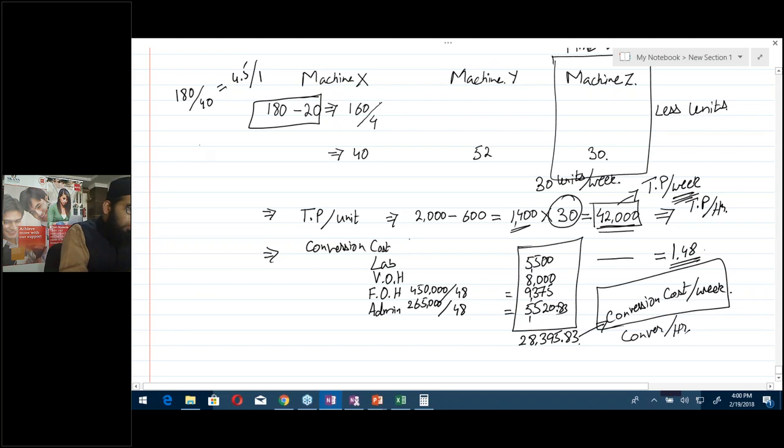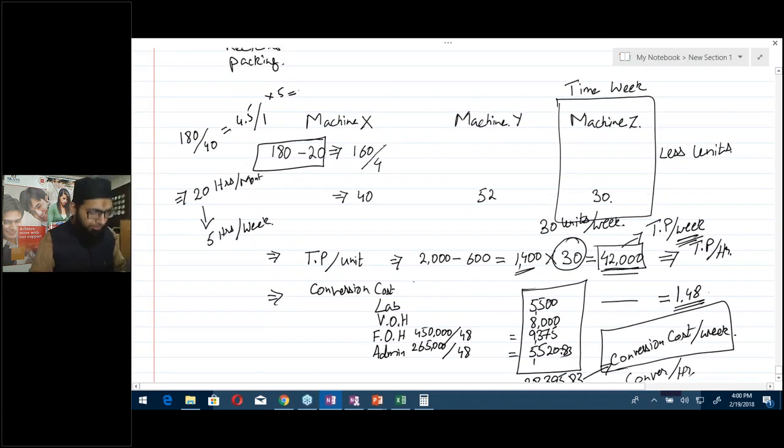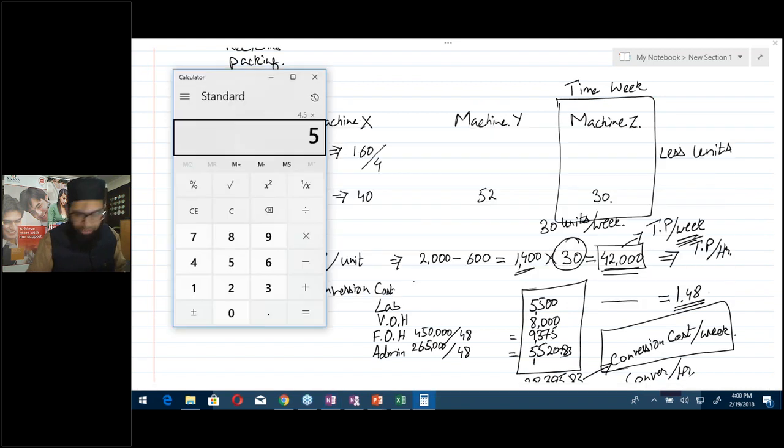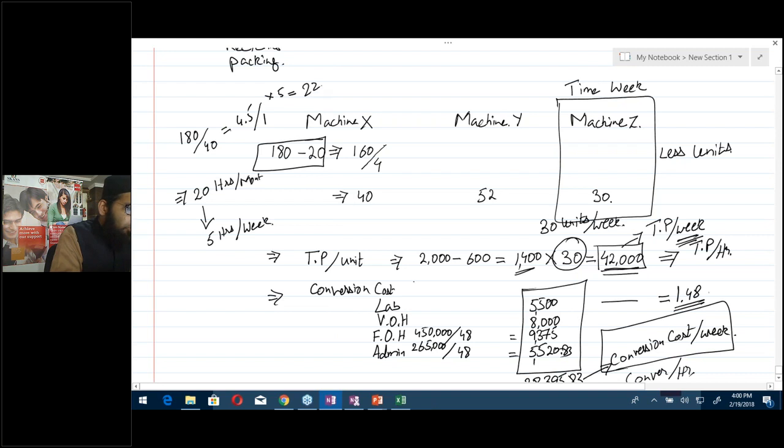Now, we can lose 20 hours per month. 20 hours per month means 5 hours per week. That means in 5 hours, how many units do I lose? It will be 4.5 into 5, which is 22.5.